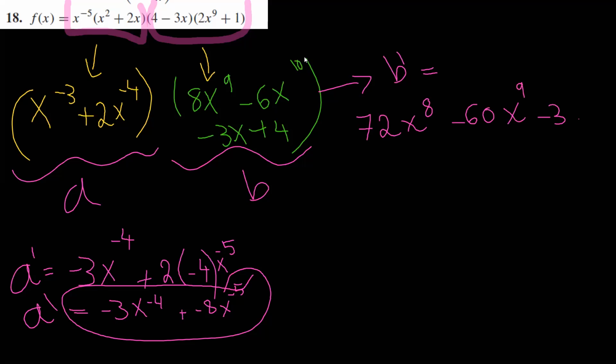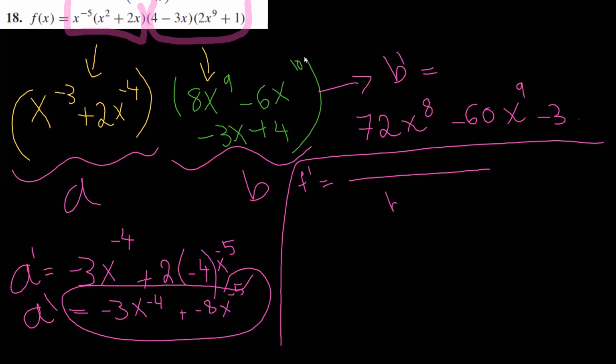This is B prime. Then after that, F prime, it will be B squared and B times A prime minus A times B prime.